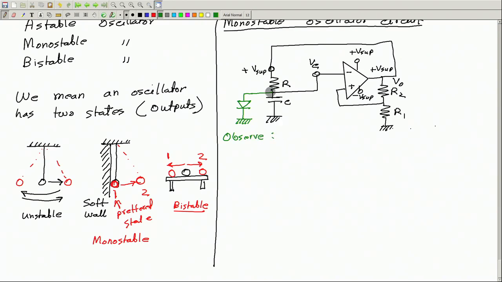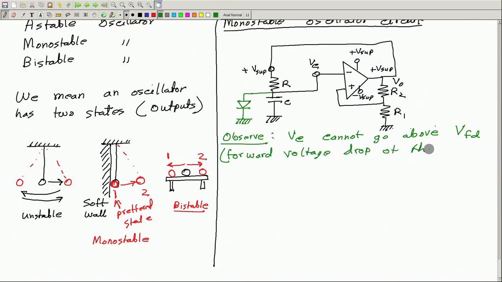that the value Vc cannot go above the forward voltage drop of this diode, call it Vfd, which is the forward voltage drop of the diode.